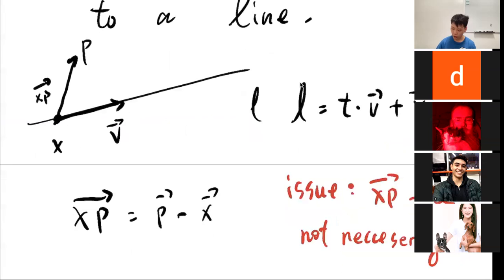The issue is that this XP may not be perpendicular. If we take the orthogonal projection of XP onto V, it is separated into two parts: the projection itself and the normal vector. So the other one must be perpendicular.